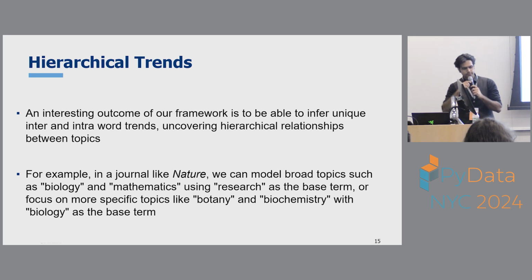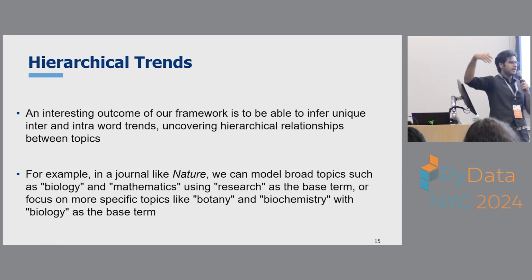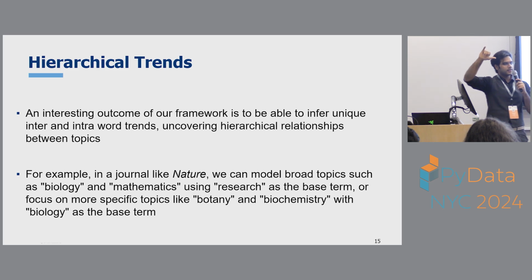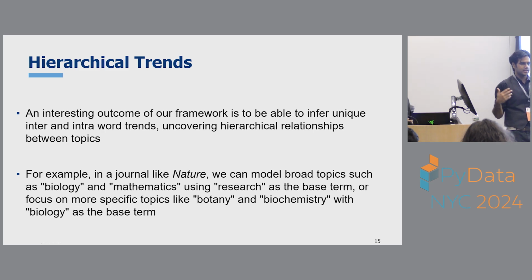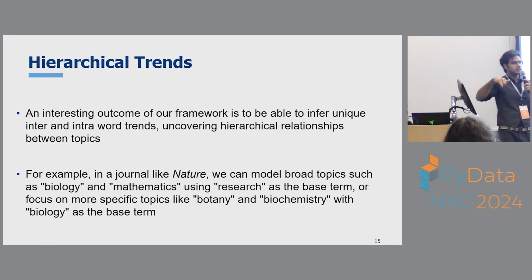What I mean by that is you can have a base term of sports, and you can have relative terms of tennis, track and field, American football, cricket, whatever. You can get trends out of these, how these terms function in relation to each other and the base term itself. But then what you can also do is, for the same corpora, have your base term as tennis and your relative terms as Roger Federer or Nadal, and see how they function separately.